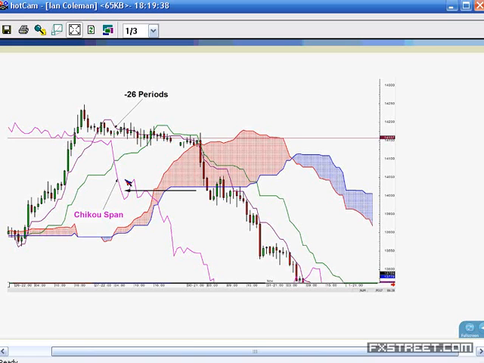So again, it's another thing that a lot of people don't look to, that the cloud can forward project support and resistance. Okay, it can be used as a breakout system, but it can also warn us through this Chiku span that the breakout is being false, or the support at that level. And again, when we get to the live chart, you'll be able to hopefully see how that Chiku span works when it bounces against the clouds. Okay.